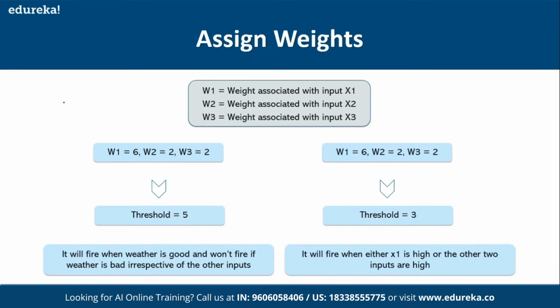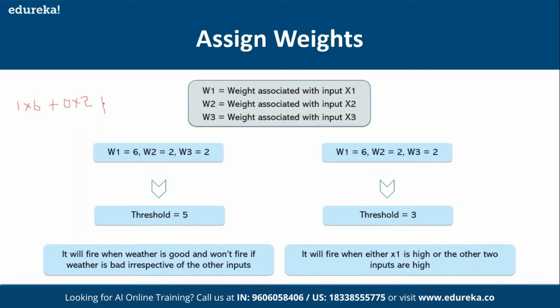Now, we have our x1. Assume the weather is good: 1 into 6, because our weight for this input is 6. Then assume the spouse is not accompanying you, which means 0 into 2.